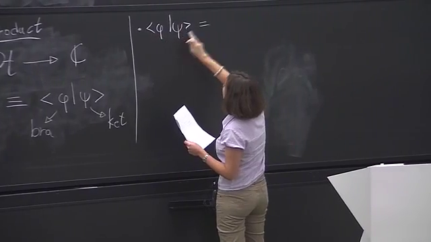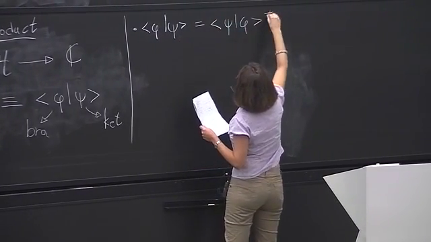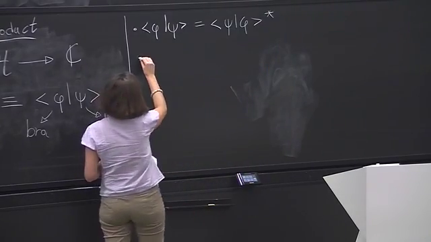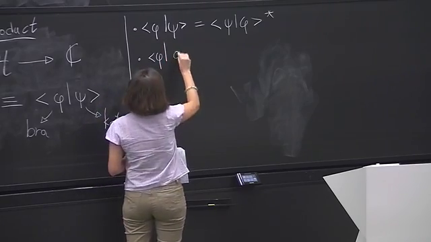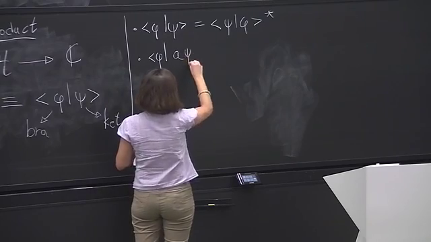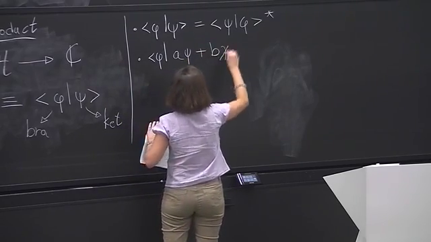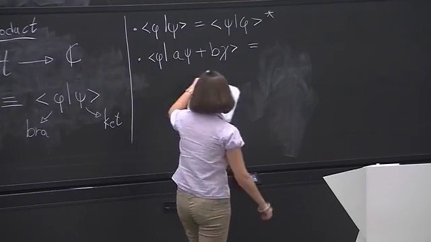So <phi|psi> is equal to <psi|phi> complex conjugate. Scalar product of phi with a linear combination of psi and chi should just give us a linear combination of the two scalar products.